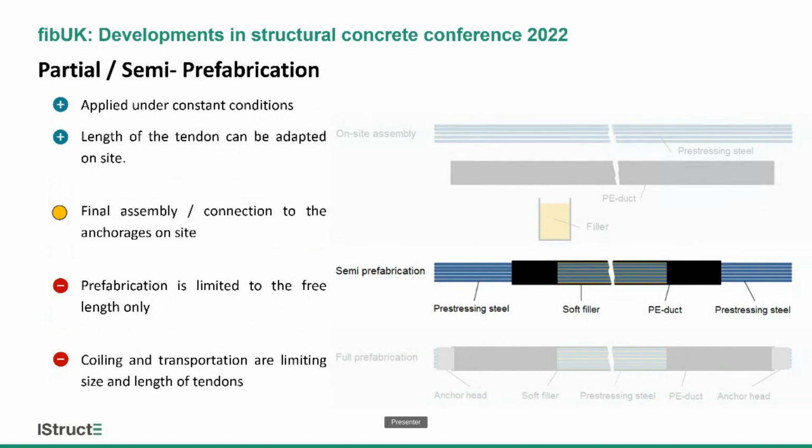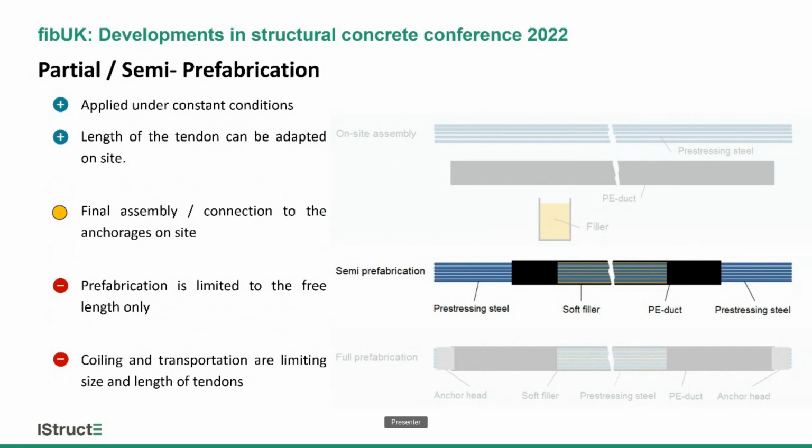Partial or semi-prefabrication is resolving some of the problems. So the free length, at least, can be prefabricated under constant conditions. As the anchorages are not assembled yet, it's just the free length that is prefabricated, and the length can still be adjusted on the site. The anchorages are then assembled on site.